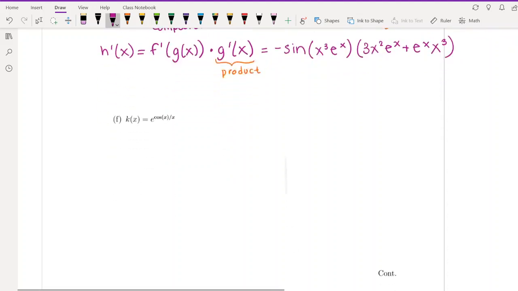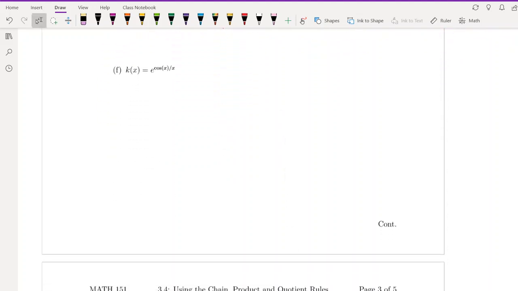Okay, so last one. In this case, we have division happening, right? We can see that cosine of x is getting divided by x. However, that is not the outermost thing happening in this function. If we were to try to write this as a fraction, it just wouldn't work.